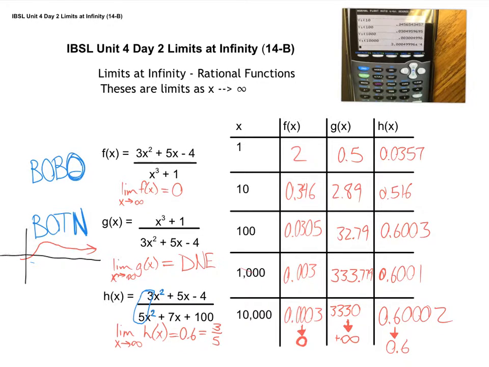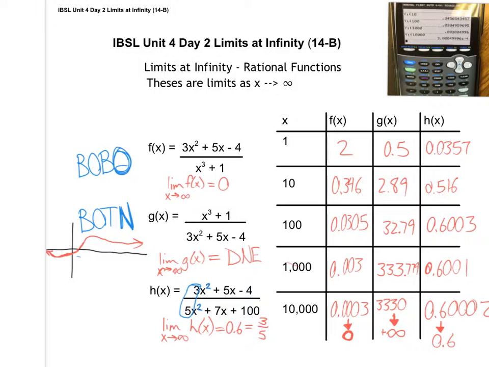So, notice how h of x jumped up above the 0.6, but now we have this horizontal asymptote at 0.6, okay? That's because if you remember, we talked about this very briefly last year. When you have horizontal asymptotes, it's actually possible to cross over the asymptote, and that's a terrible drawing, but you get the idea.